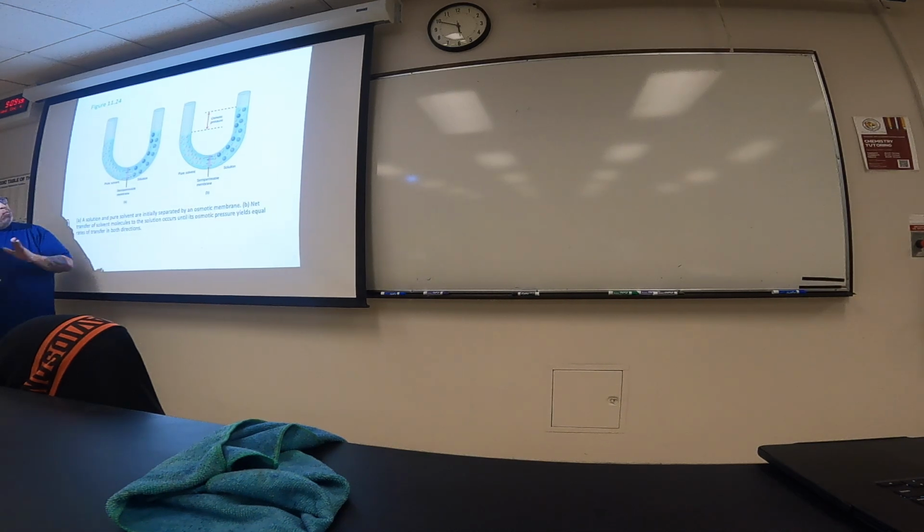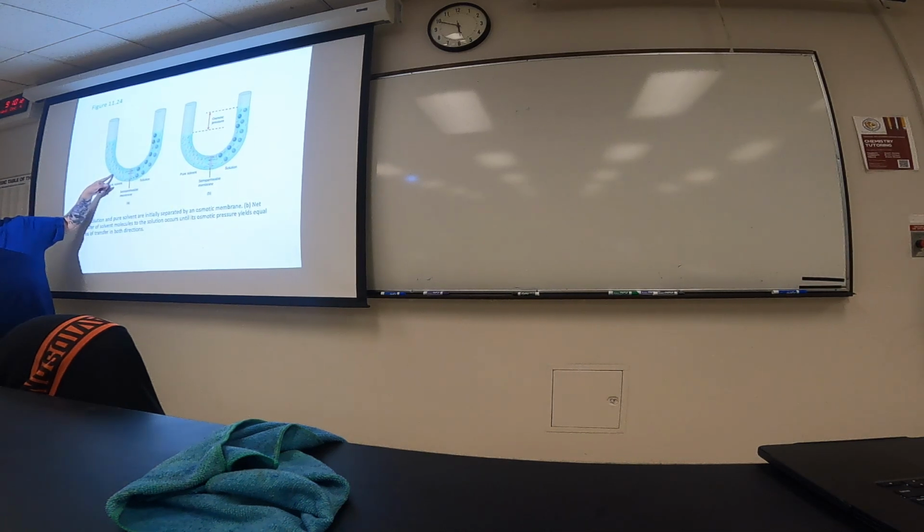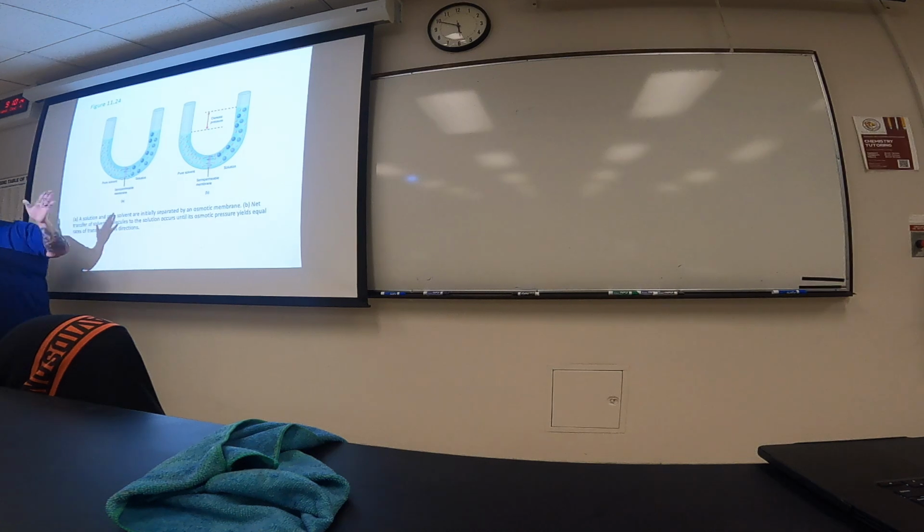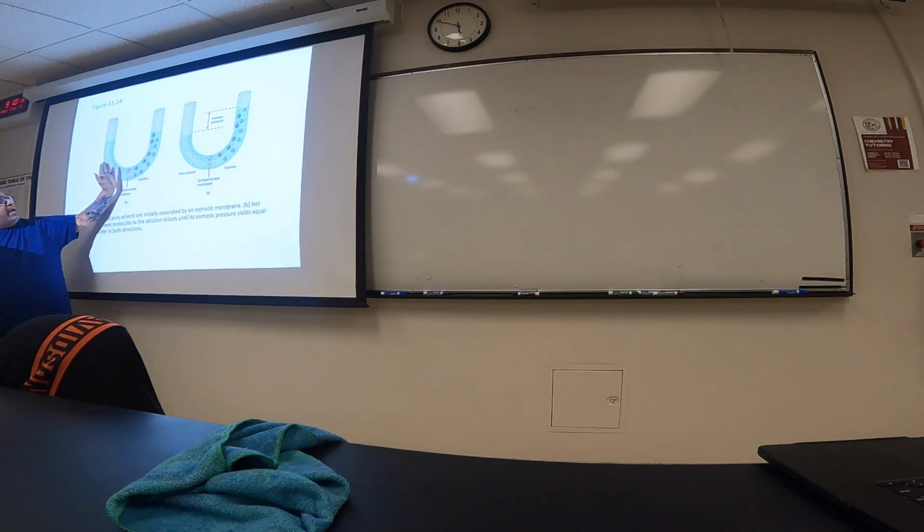So here we have what we consider different concentrations. Here this is highly concentrated because there are some solute particles here, and this has no concentration. This is pure solvent. So the solute concentration is much higher here than here.